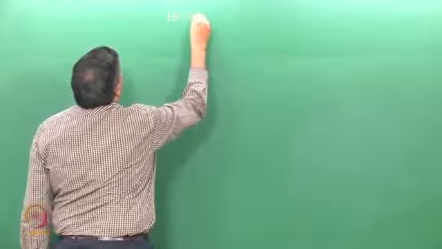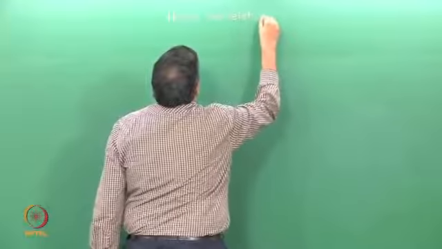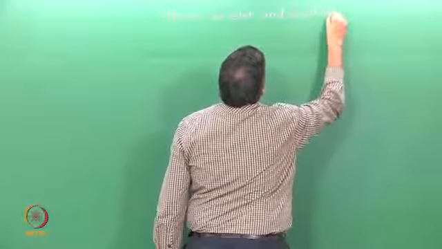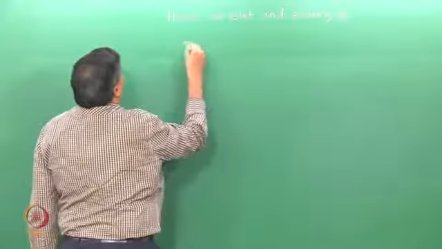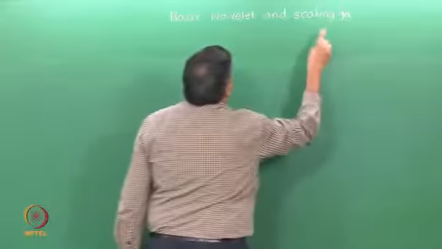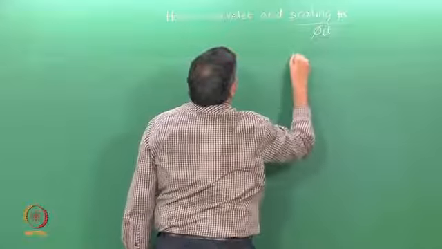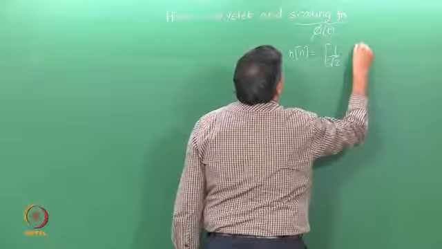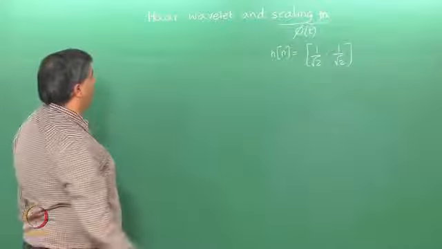So, we know for the Haar wavelet, or the Haar scaling function, that the low pass filter associated with this phi of t is of length 2, and the coefficients are 1 over root 2, 1 over root 2.